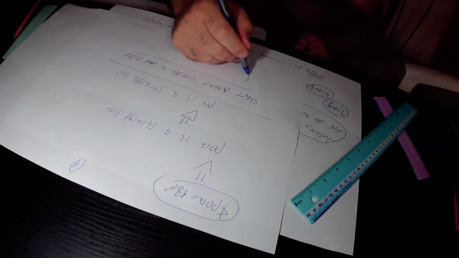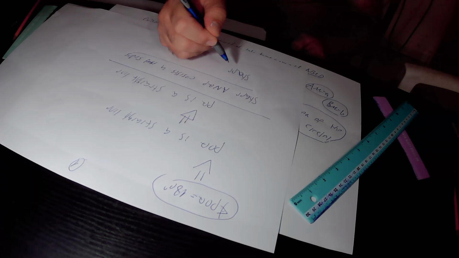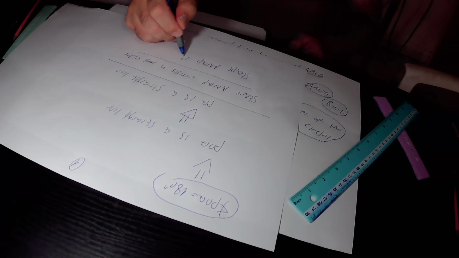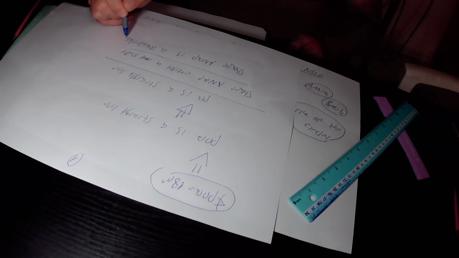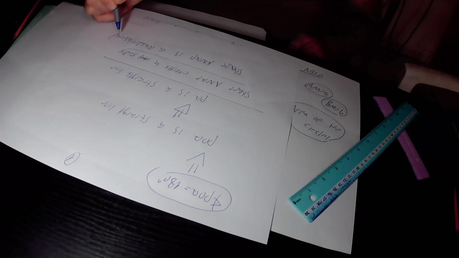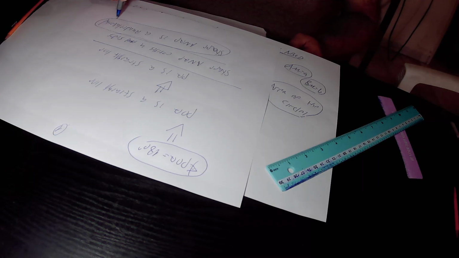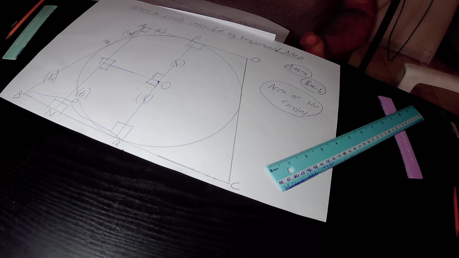Okay, shape ANQP is a quadrilateral. Any shape that consists of four sides must be a quadrilateral.